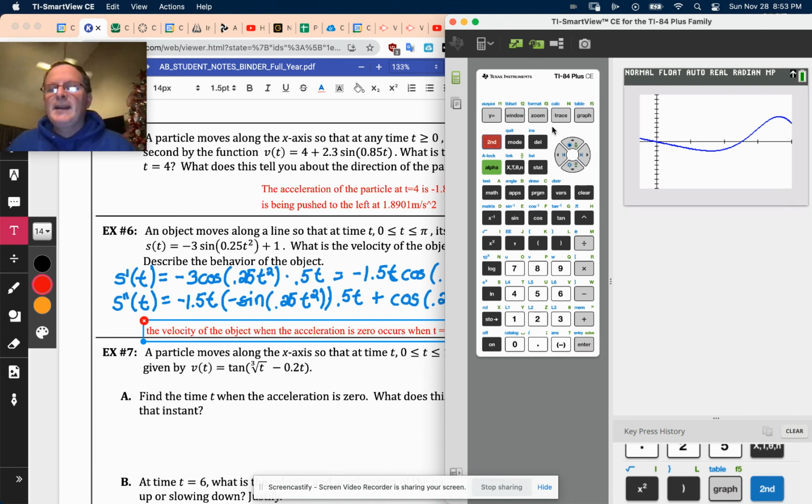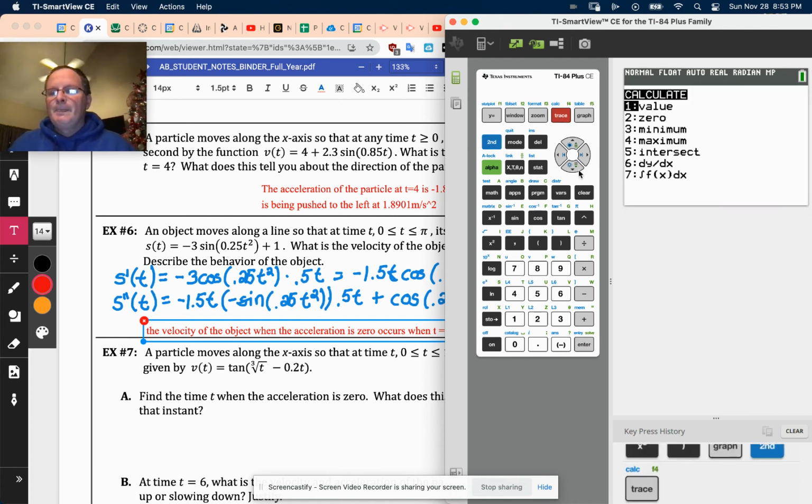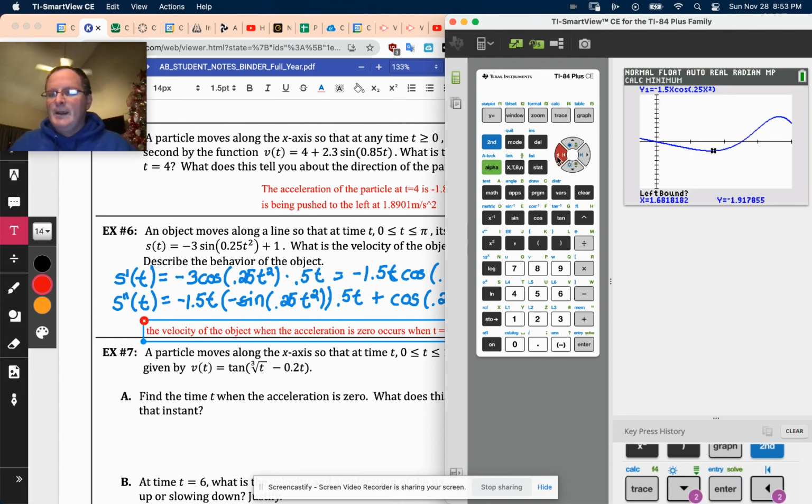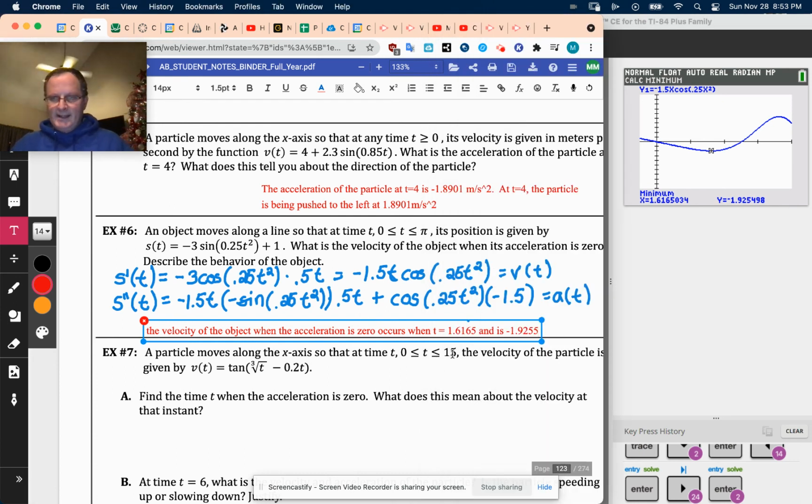So I could go second, calculate a minimum, because I could see it on the graph, to the left of the hill, and then to the right of the hill, and find that value. And guess what? It's that 1.6165.